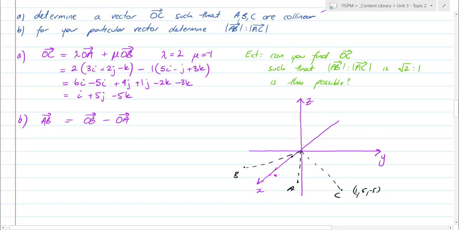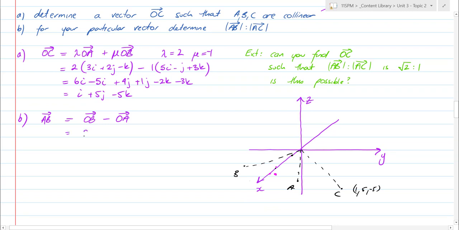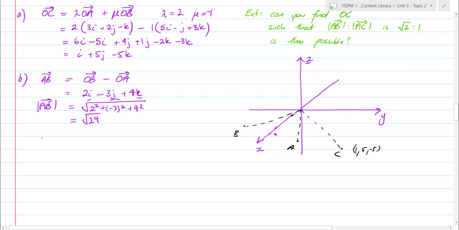So this is equal to 2I minus 3J plus 4K. And that means that the modulus of AB is equal to the square root of 2 squared plus negative 3 squared plus 4 squared, which is 4 plus 9 is 13 plus 16 is 29, so the square root of 29. That's AB.